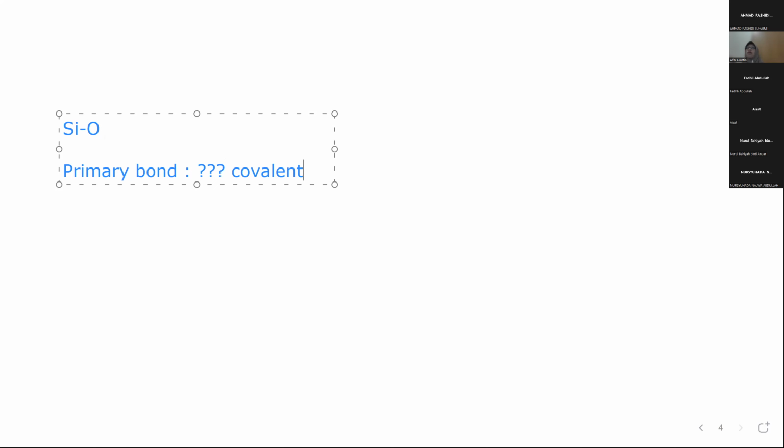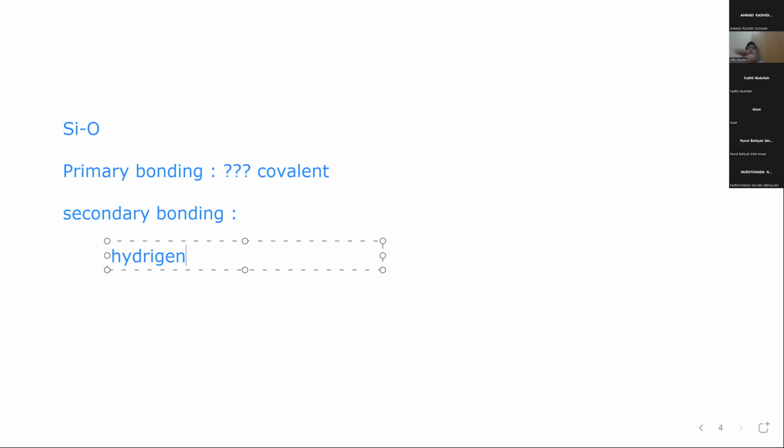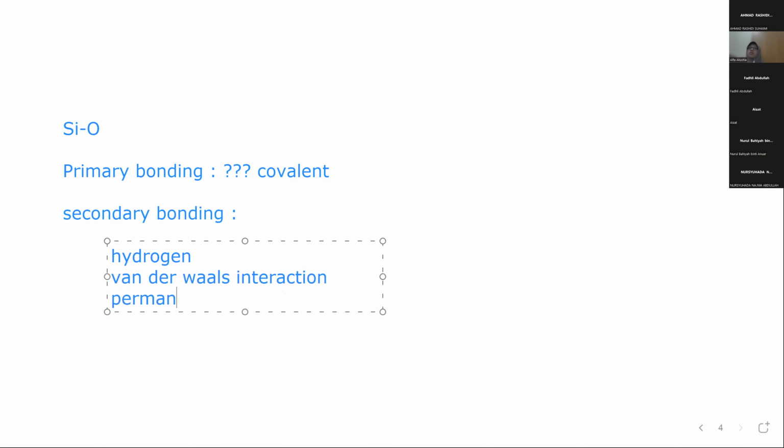And then how about secondary bonding? What type of secondary bonding? The options are hydrogen bonding, van der Waals interaction, and permanent dipole.